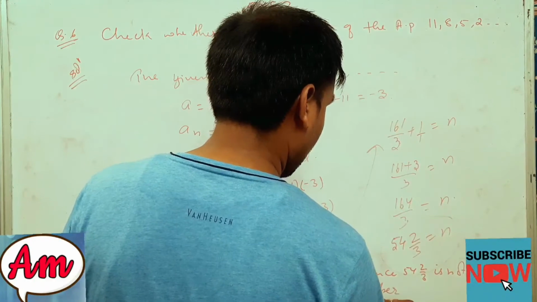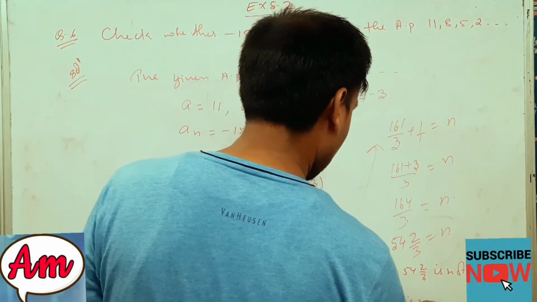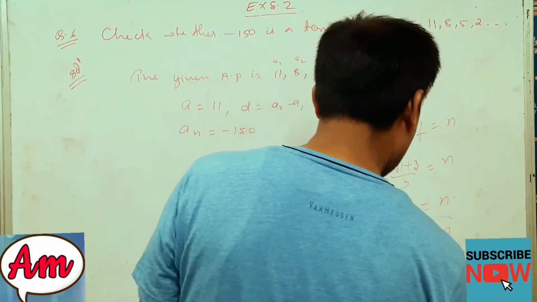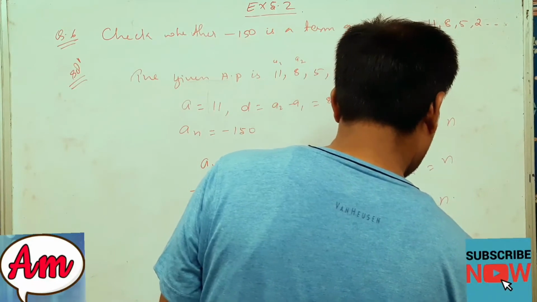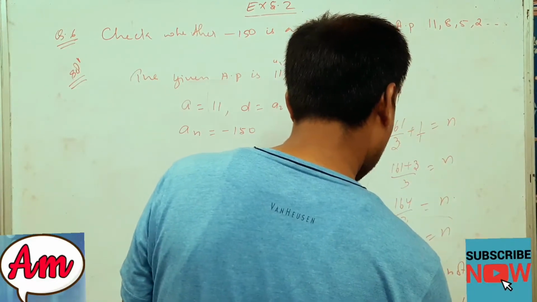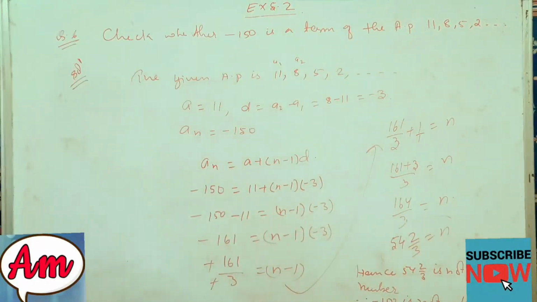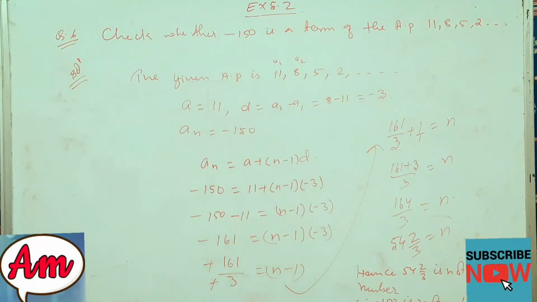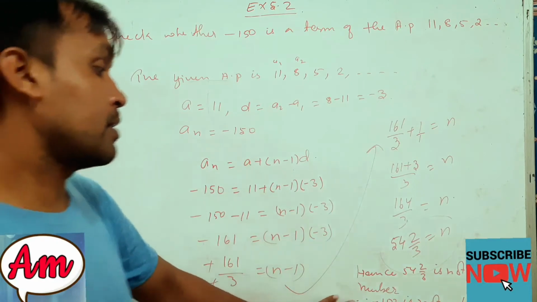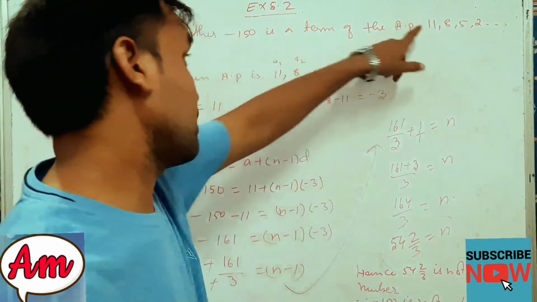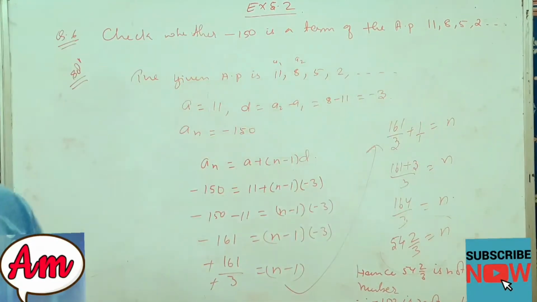Therefore minus 150 is not a term of the given AP. Got it? So we got a mixed number and it is not a natural number. So this minus 150 is not a term of the given AP. Okay, dear students, so take it down properly.